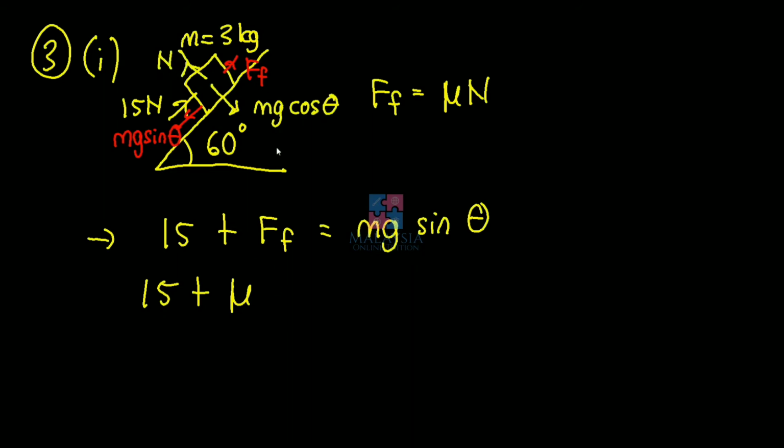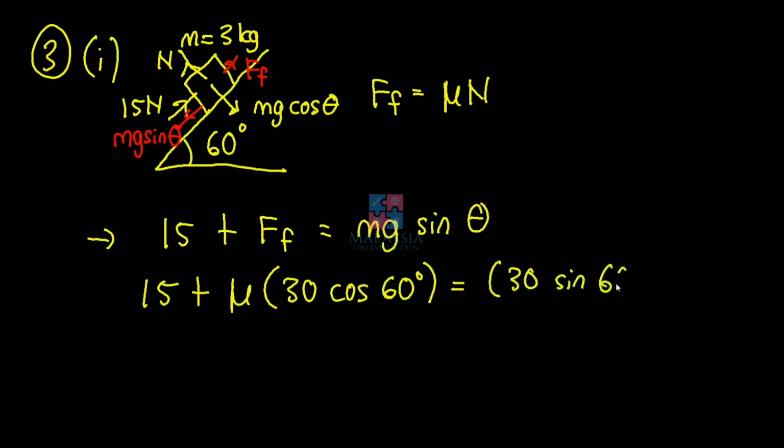So your normal force will now be mg cos theta, so that means you will have 30 cos 60 degrees equals 30 sine 60 degrees. So cos of 60 degrees will be half, so half of 30 will be 15. So plus 15 mu equals, sine 60 degrees will be root 3 over 2. So root 3 over 2, so 15 root 3.